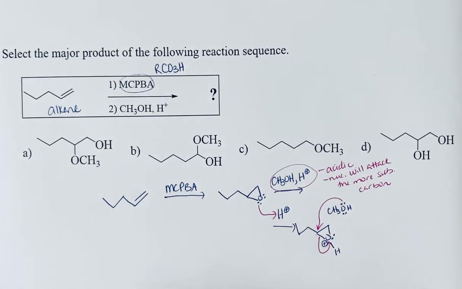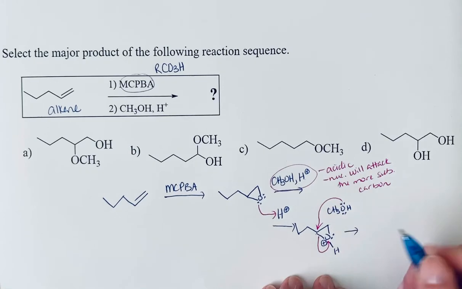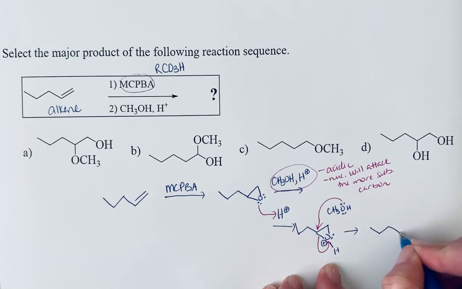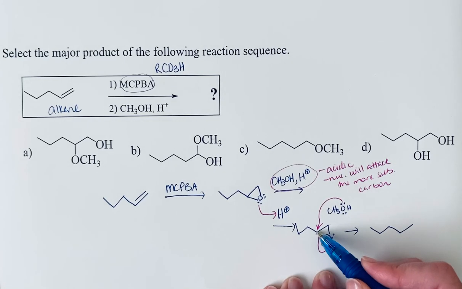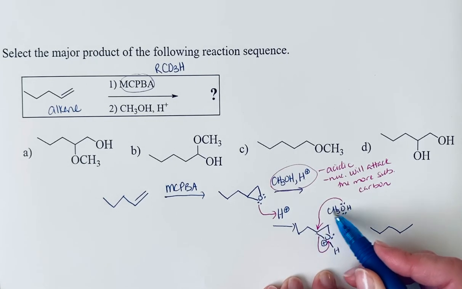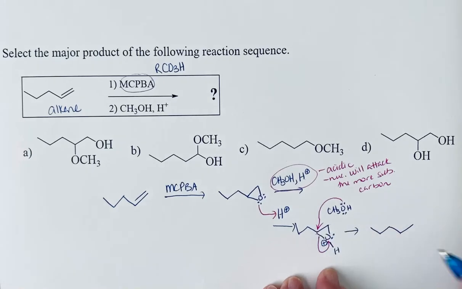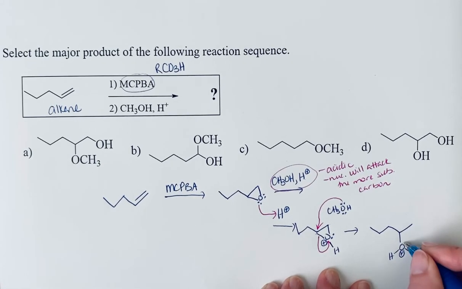which breaks open that ring. And so if we follow our arrows here, so there's that 5 carbon atom backbone we started with. We've attached the oxygen of the methanol to that carbon here. So here it is. It still has a hydrogen attached to it and a positive charge on that.